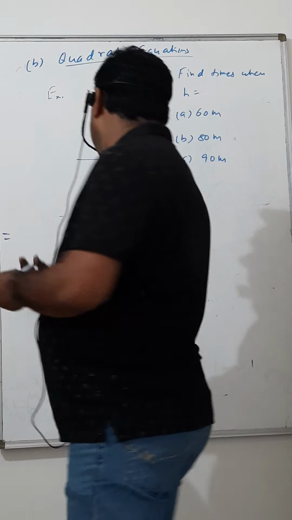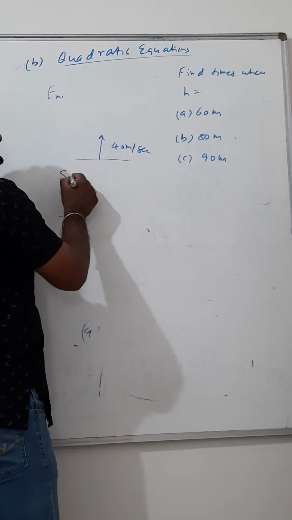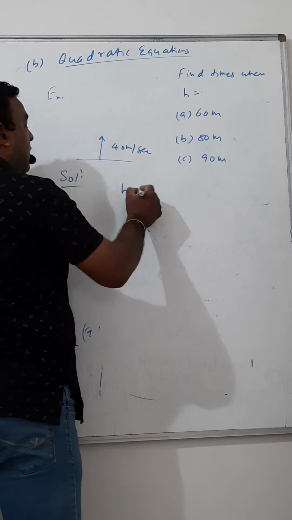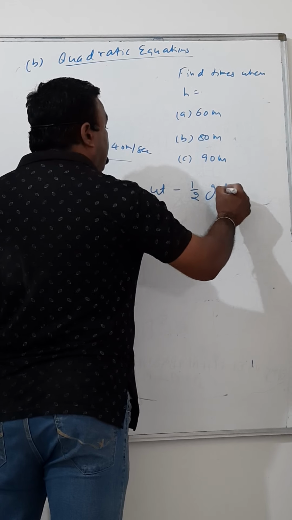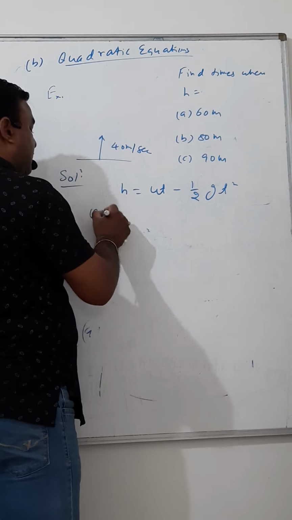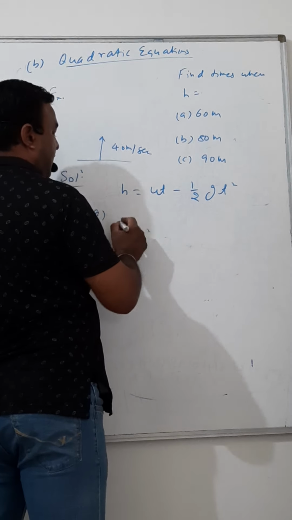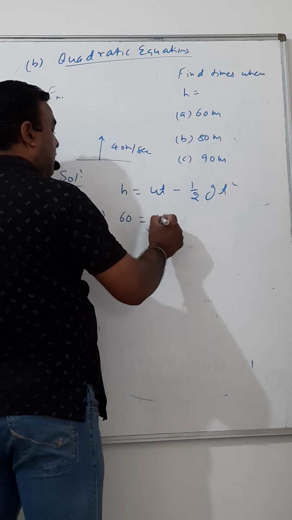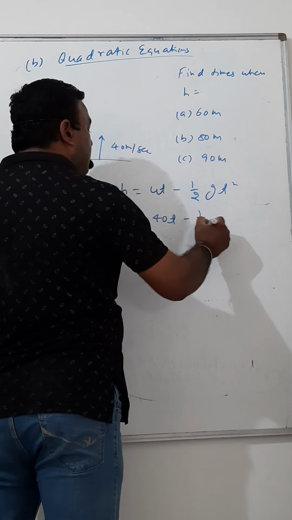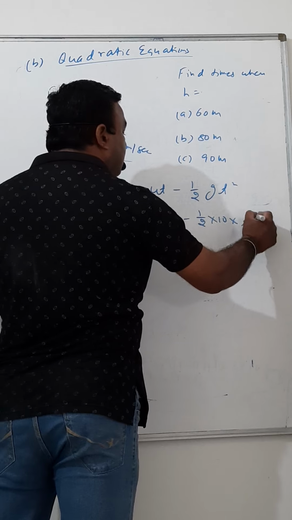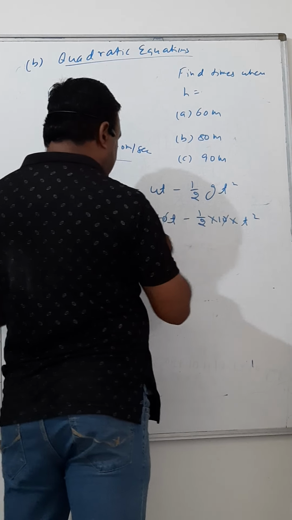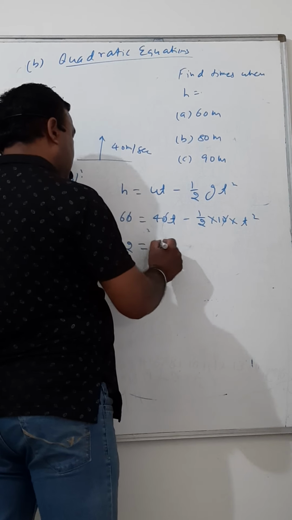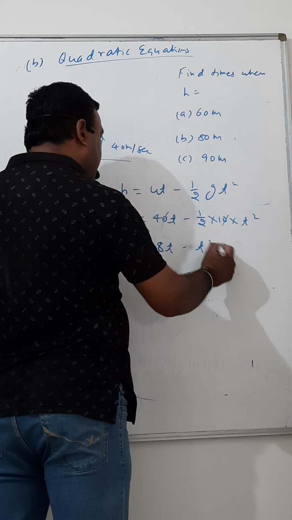Okay. Now, let's come to the solution. h is equal to ut minus half of g t square. First part: h is 60, u is 40, g taken as 10 for simplicity. All zeros gone: 12 equals 8t minus t square.